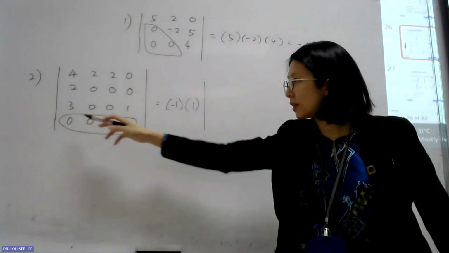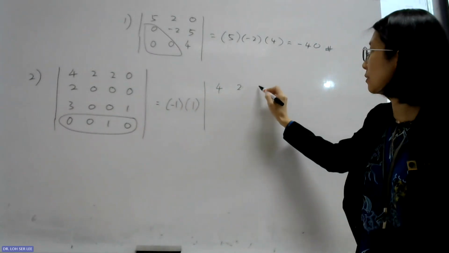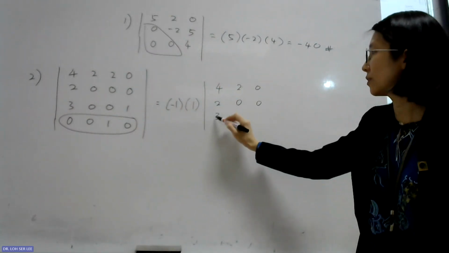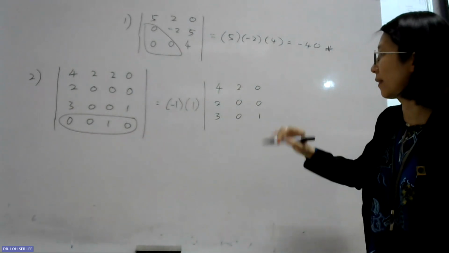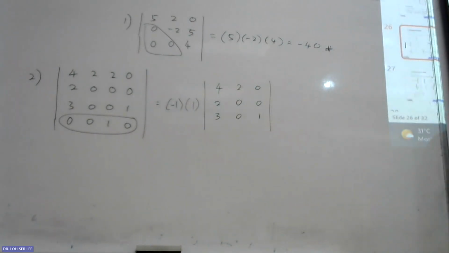So you remove this row and this column. You have 4, 2, 0, 2, 0, 0, 3, 0, 1. So this minor is 3 by 3, so you can use the shortcut way to compute the 3 by 3 determinant.